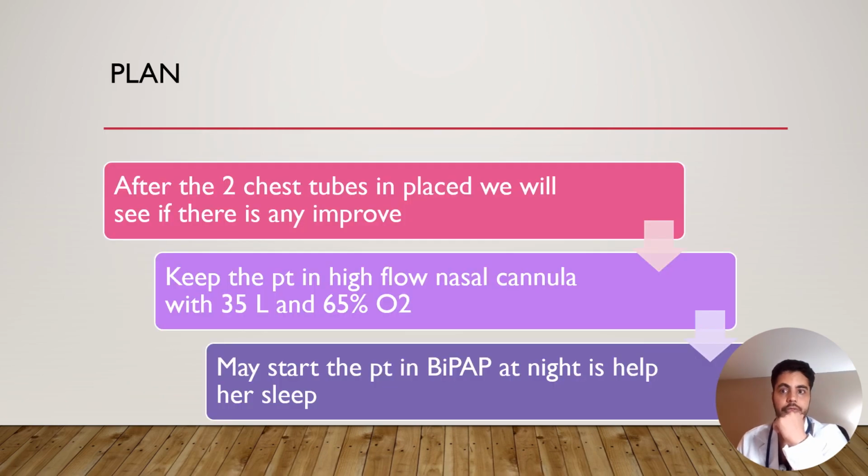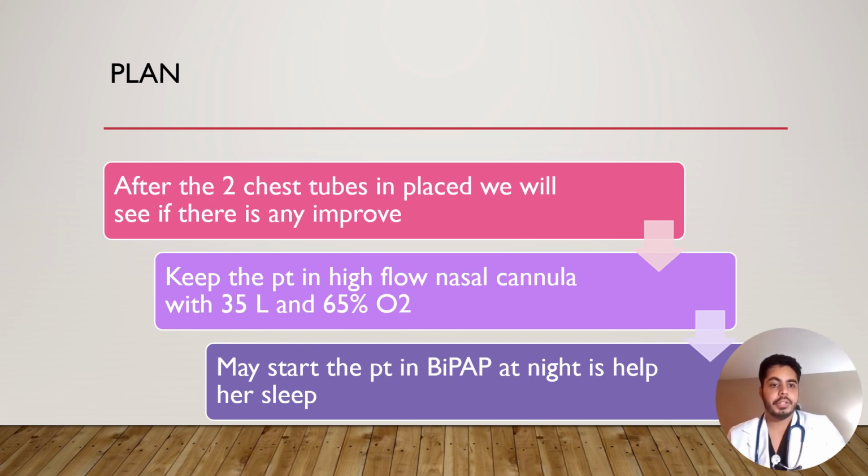Let's move. Plan. Here is the plan for this patient. I mentioned that for you guys since I started. Plan: after the 2 chest tubes are in place, we will see if there is any improvement in this patient.